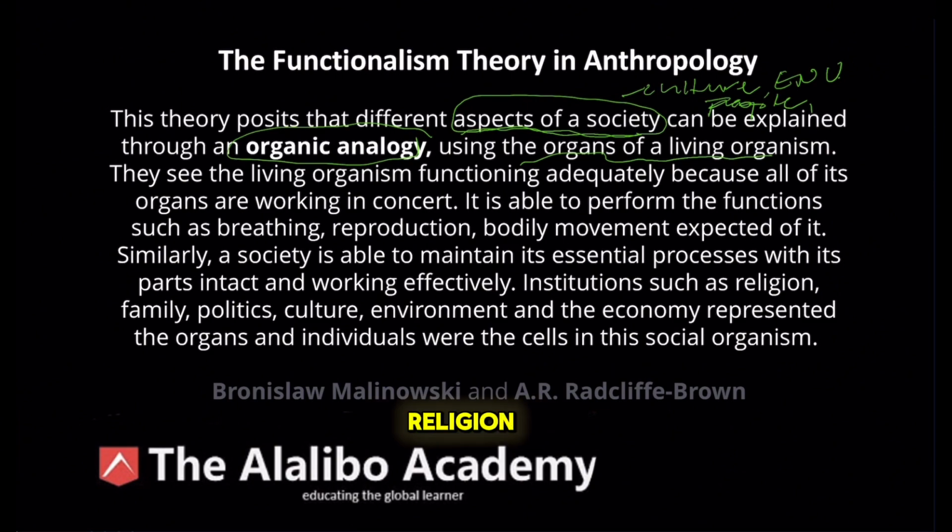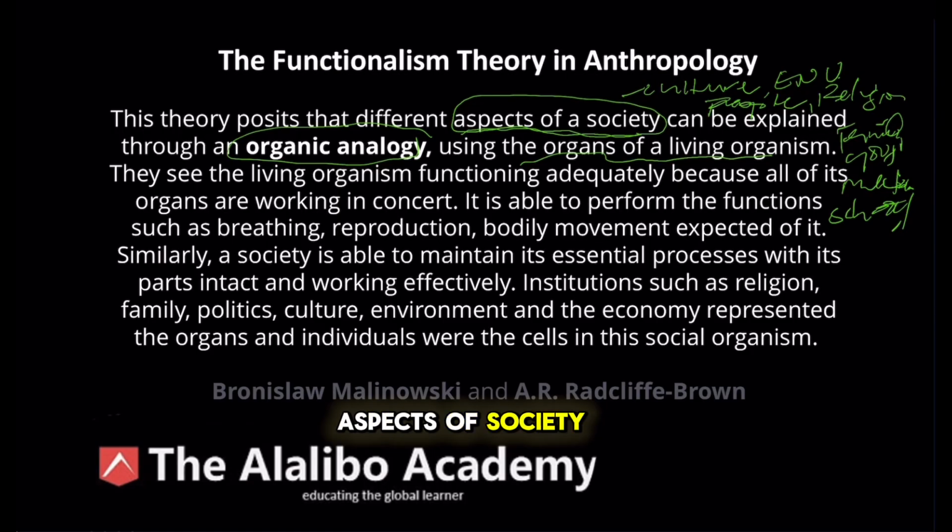We have religion. We have family, right? And then, of course, we can talk about institutions like government, media, schools, and the list is long, right? These are all aspects of society, and all of these aspects are working in concert to make society whole.